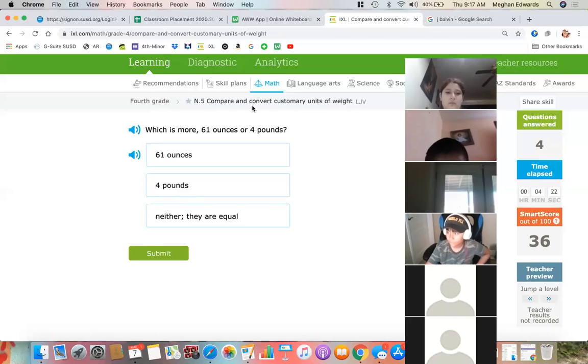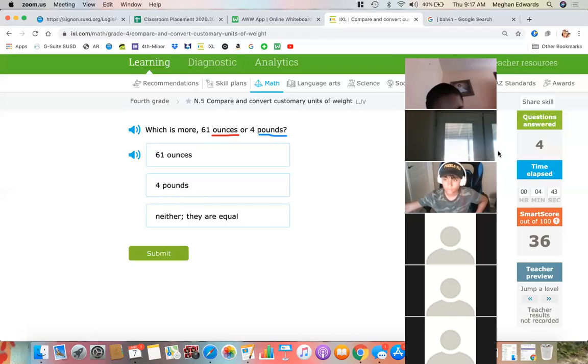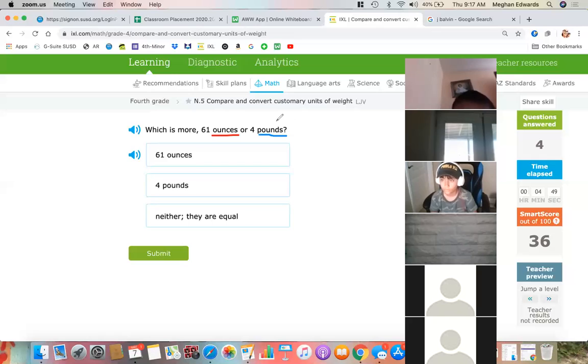We need to convert because you guys can see that this is ounces, and this one is pounds. Now, ounces are different than pounds. We can't compare those two things because they are different. This one's 61 ounces. This one is 4 pounds. So the best thing that we can do is take those pounds and turn them into ounces.